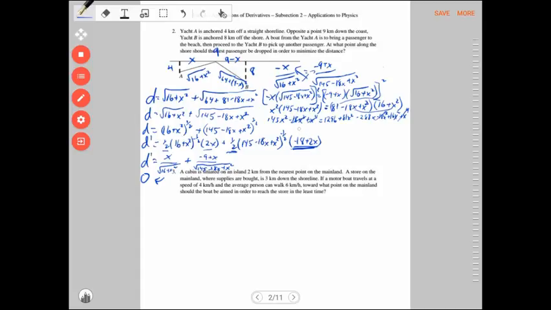So I've got 145x squared equals 1296 plus, with 81x squared and 16x squared making 97x squared, and then minus 288x.